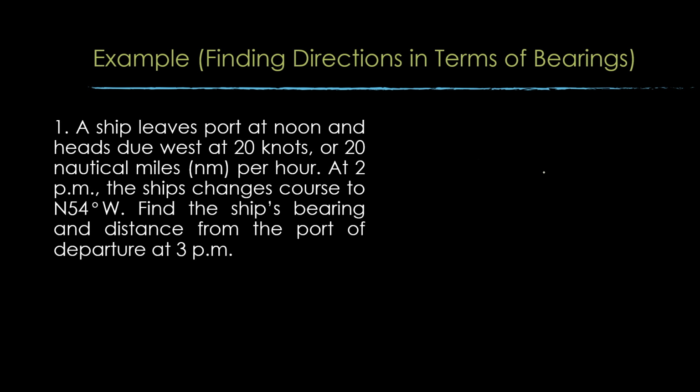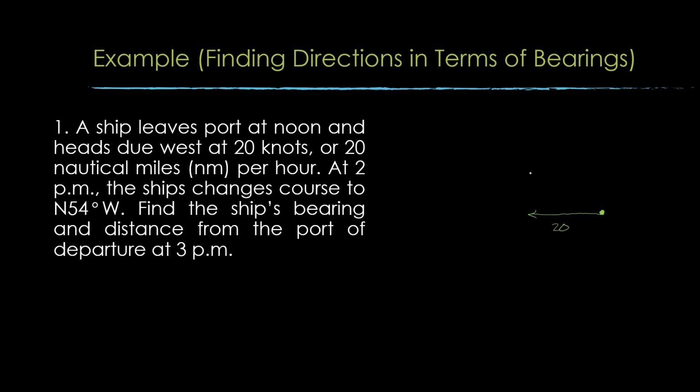So the problem states that the ship leaves at noon and it headed due west. Okay, so at noon time, say the ship is somewhere here and it headed due west at 20 knots or 20 nautical miles. So west, at 20 nautical miles.